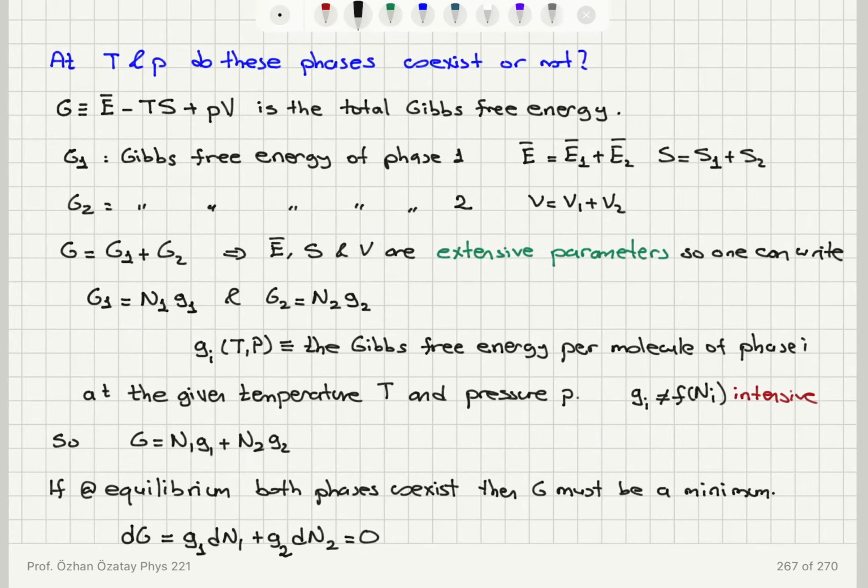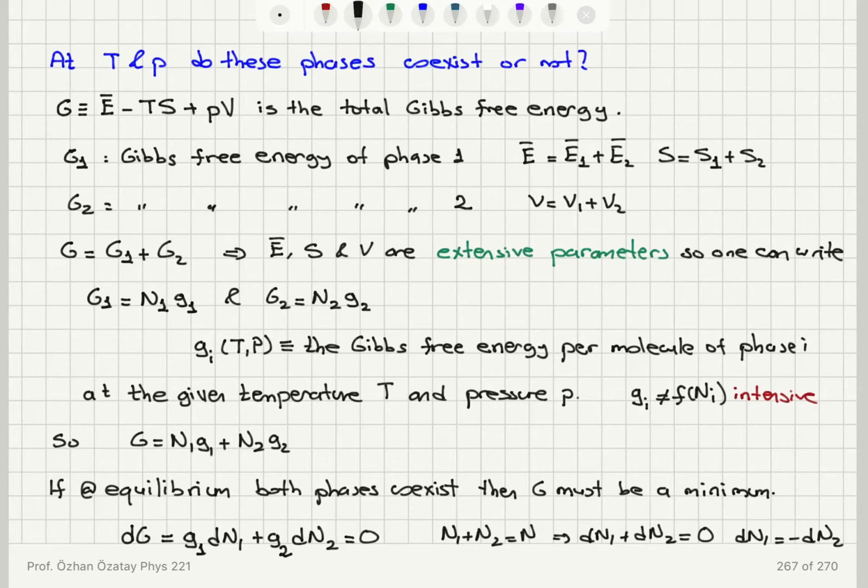This must be equal to 0 at this extremum point. And because I have N1 plus N2 equals N, a constant, dN1 plus dN2 equals 0.